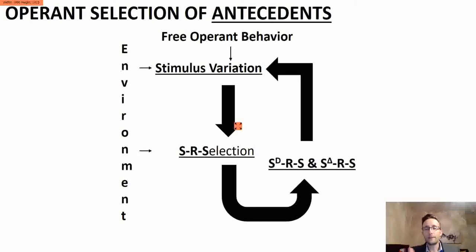And so the presence and absence of various discriminative stimuli and S deltas influence variability in a behavior across stimuli. In other words, operant selection determines how antecedent stimuli control behavior or variations of behavior through the relation between the antecedent stimulus and the consequence produced by the behavior.